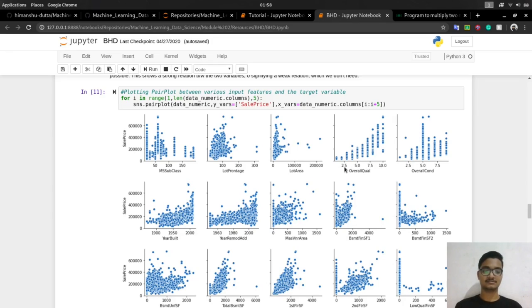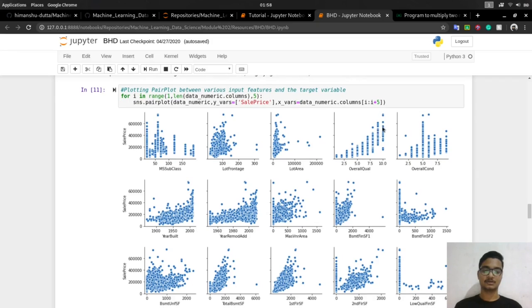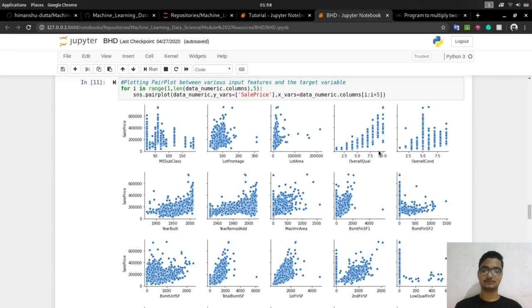Judging from the values on the x-axis, I can say it's 1, 2, 3 and till 10. So the overall quality is rated between 1 and 10, and because of this rating, there's a change in sales price over the spectrum. So there is some relation between sales price and overall quality of the house, and it's actually a categorical relation.